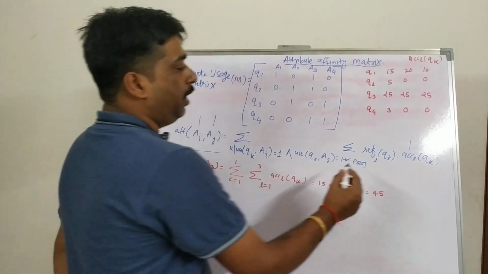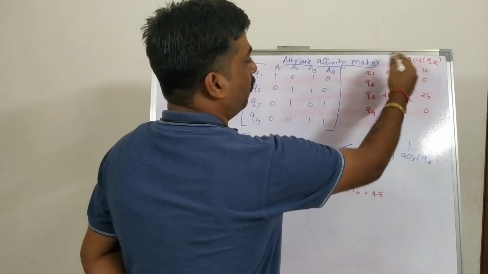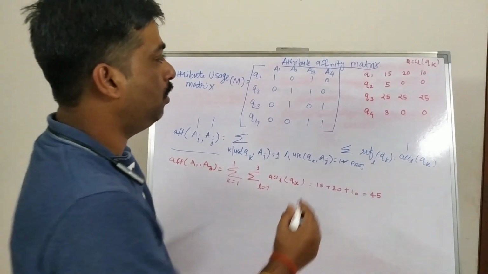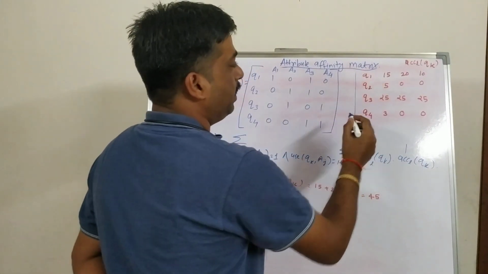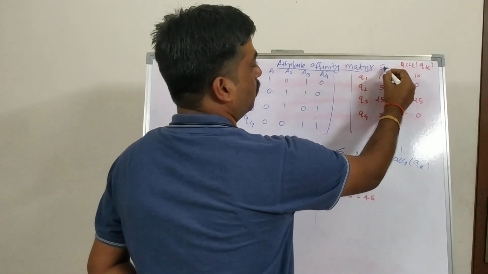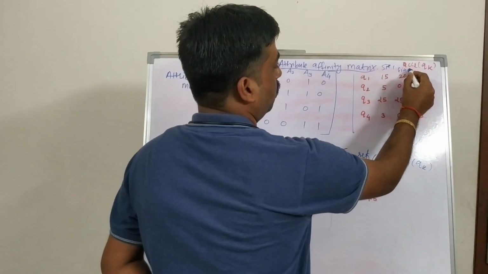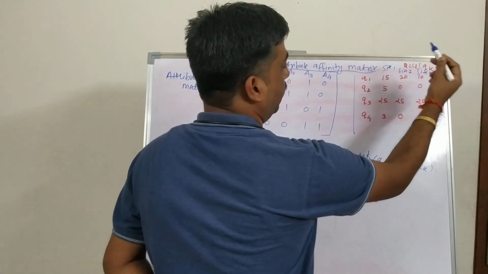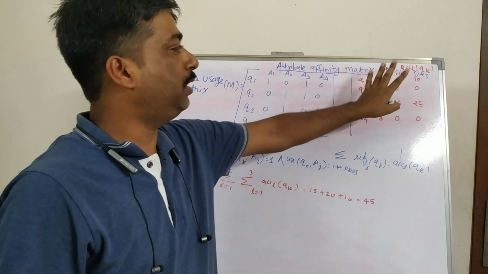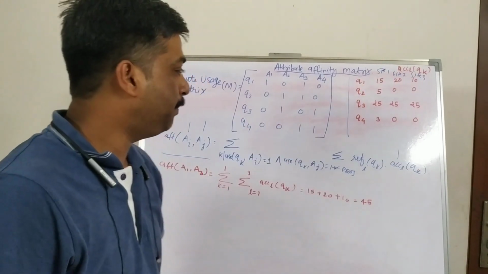For the sake of simplicity, we have assumed the access frequencies initialized over here, like for Q1 for site 1, site 2 and site 3. For 3 sites, the access frequencies for all the queries are initialized over here.